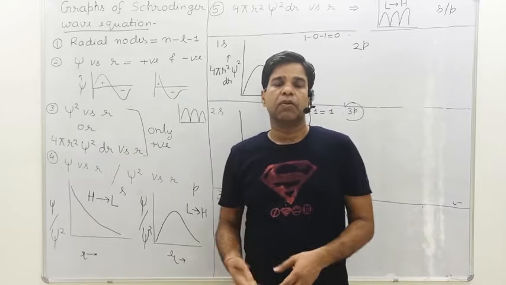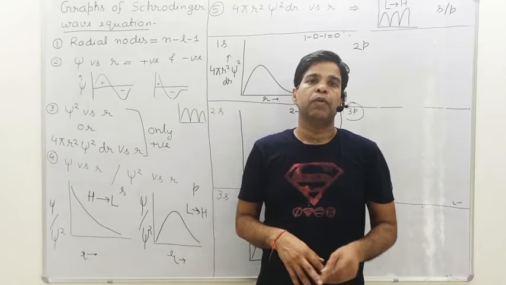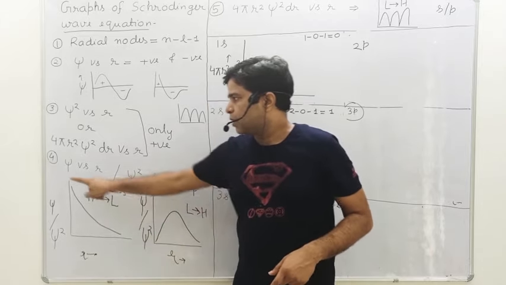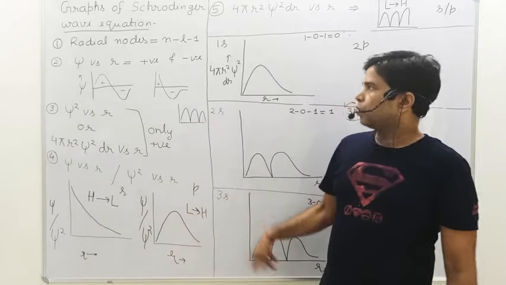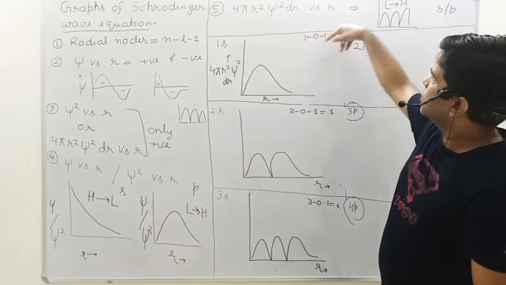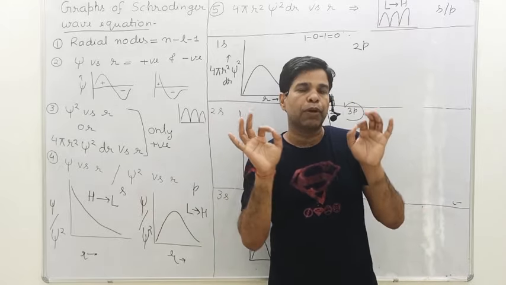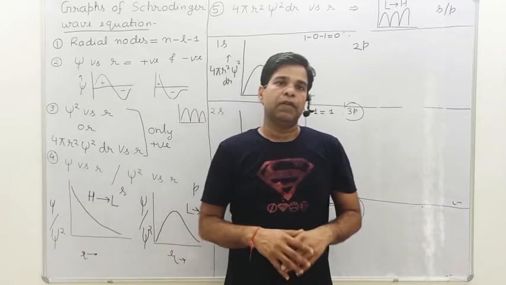These are logical also. Okay, psi value positive negative, psi square only positive. Okay, only these things you need to remember. Graph of psi versus r, psi square versus r for the s, higher to lower, p lower to higher, 4 pi r square psi square dr versus r, these are always lower to higher. Only these last 2 points are the points to be remembered, otherwise all the points are very logical.